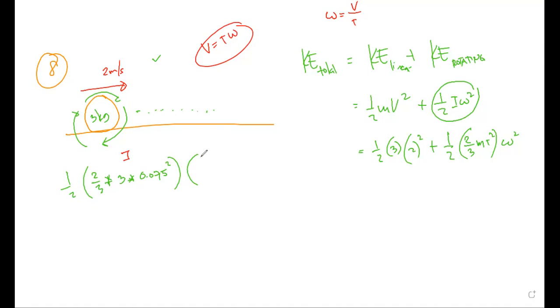Velocity, that's 2 over R, that's 0.075. Okay, so square. So this would be for omega.